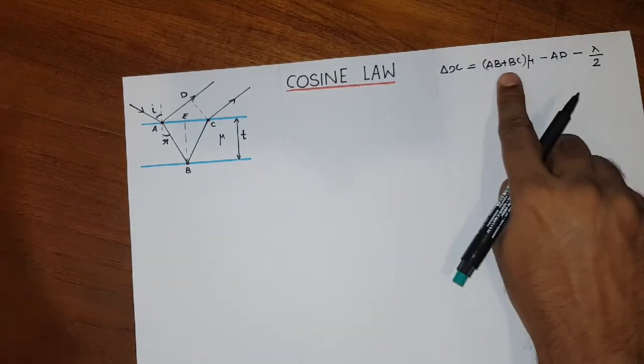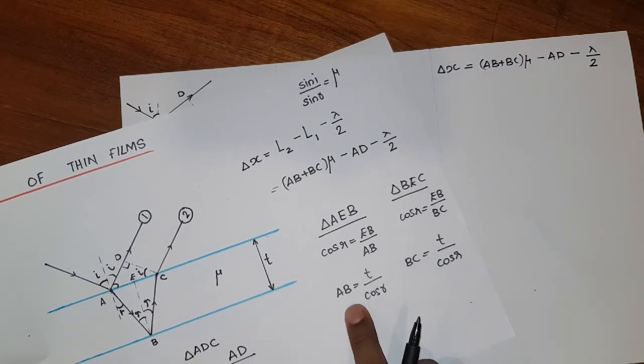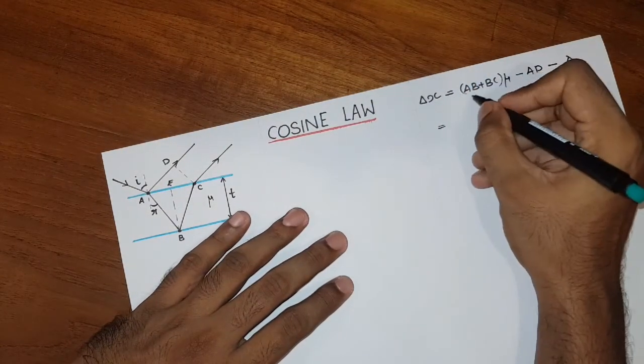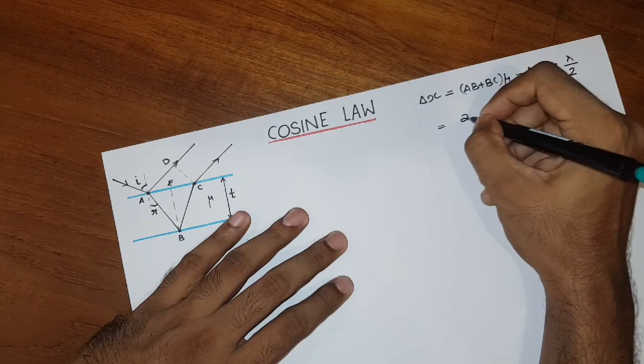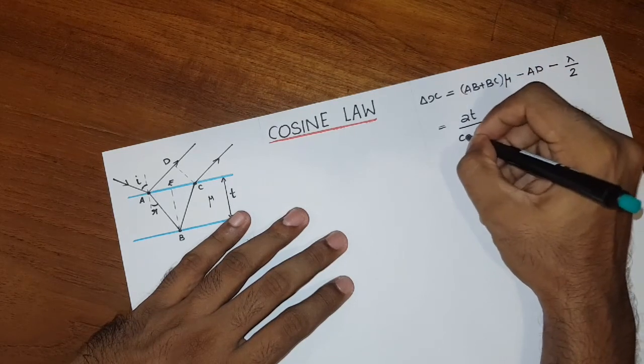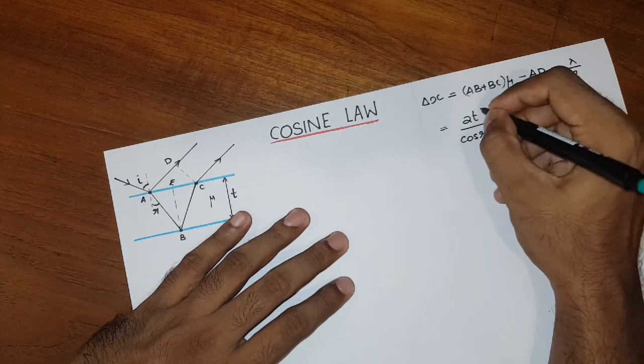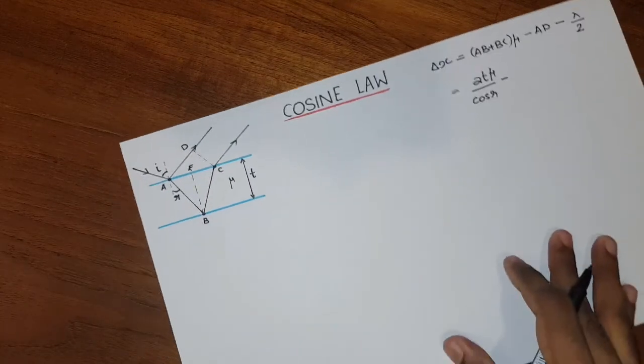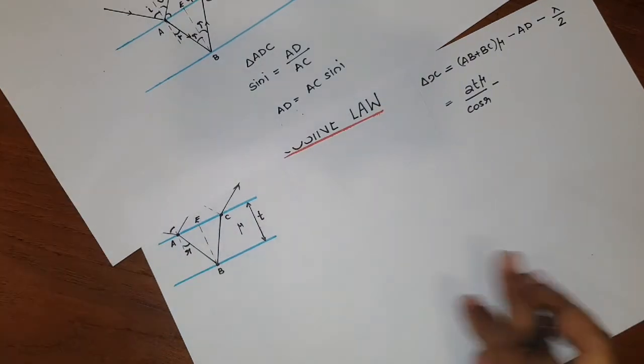And earlier we know what is AB in terms of thickness. AB is T by cos r and BC is T by cos r. So delta X becomes T by cos r plus T by cos r, that is 2T by cos r into mu, minus, so we haven't completed the AD part. So what do we know now?